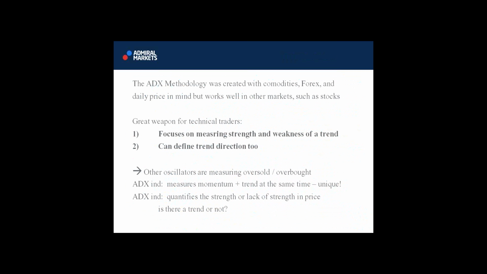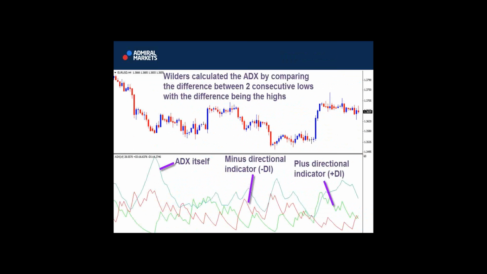So at the bottom, just emphasizing that that's basically the ADX indicator, and it quantifies the strength or lack of strength in a price, right? So let's take a look at an example. Price on the top, ADX of course at the bottom. The blue line is the ADX itself.